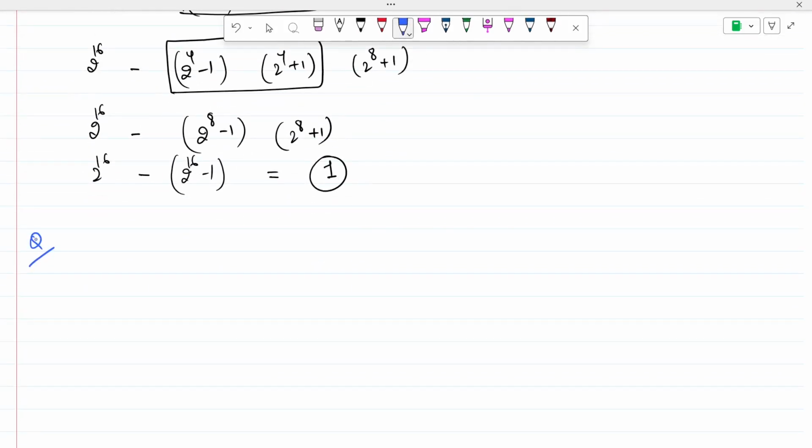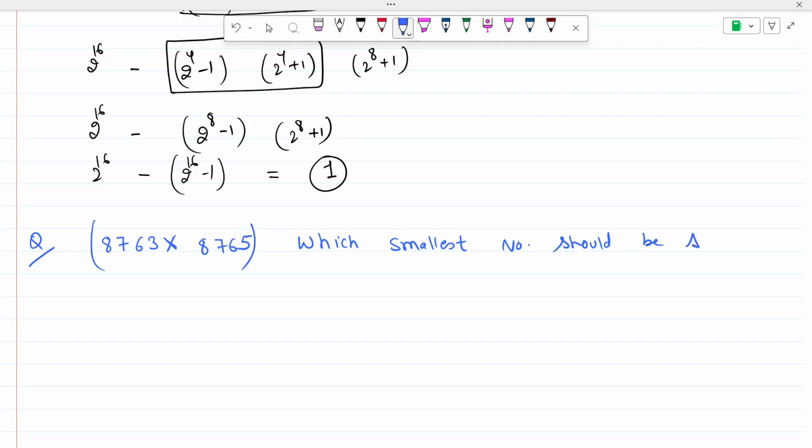The question is 8763 into 8765. We have this number, eight seven six three, the product of two numbers, eight seven six five. This is the product, right? Which smallest number should be added to it, such that the number becomes perfect square?